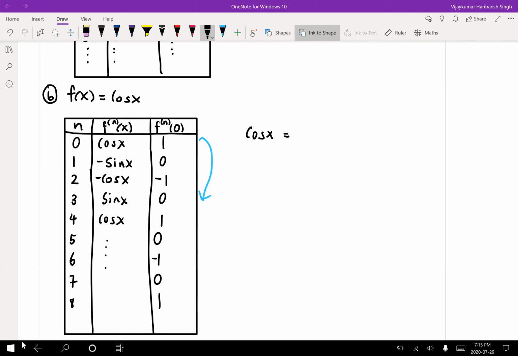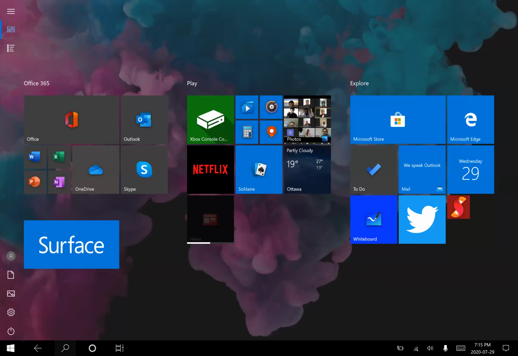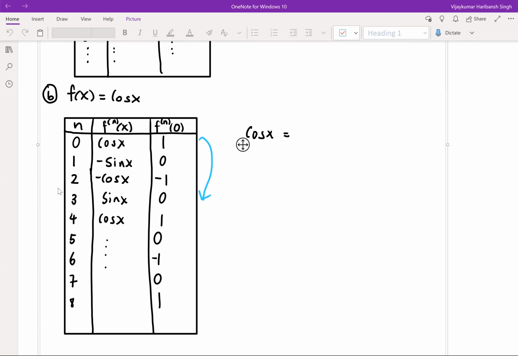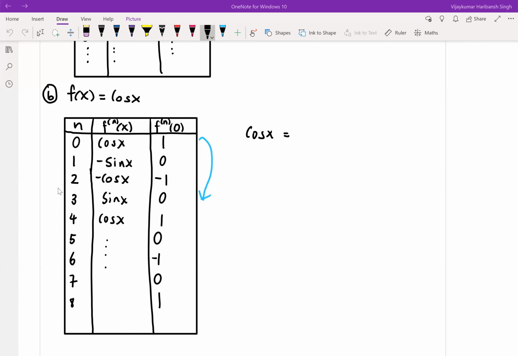So first of all, cosine x can be written as summation n equals 0 to infinity f_n of 0 times x to the power n over n factorial.